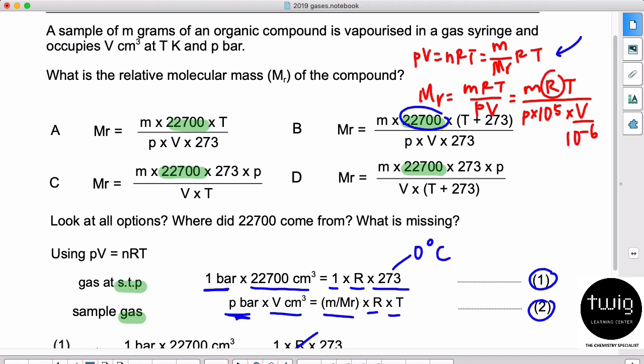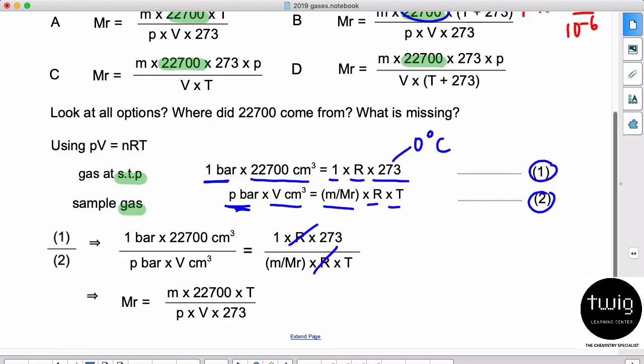But when you incorporate STP, at STP all gases occupy 22.7 dm cube for 1 mole of gas, so STP is a real gas. When you put them together, your answer is more accurate.